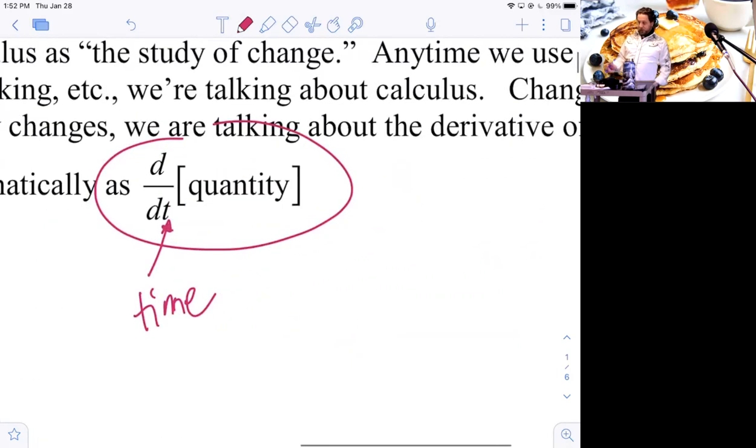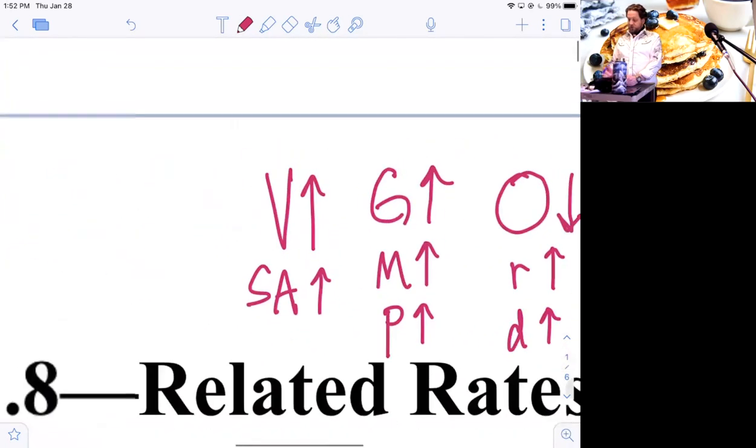We're going to be labeling all of our rates of change, whether they're ones that were given to us or ones we're trying to find. We're going to label them d quantity dt. So up here, the rate of change of volume with respect to time would be dV/dt. We're going to use Leibniz notation. The rate of change of the surface area, we might call dA/dt.